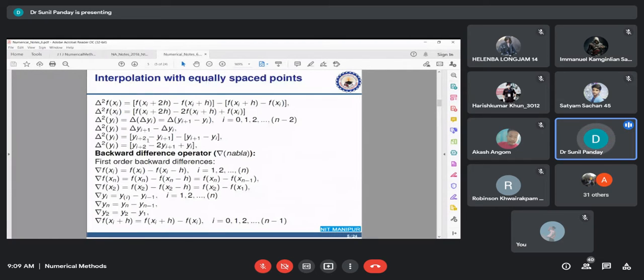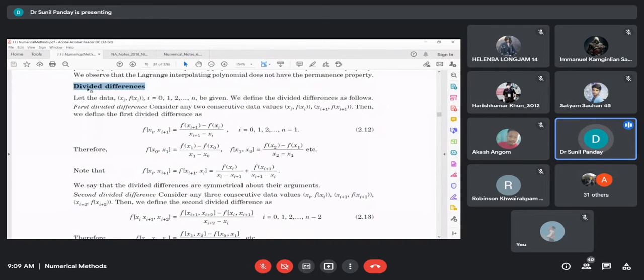For equally spaced data, we have the delta operator, nabla operator, average operator, central difference operator, and shift operator. For unequally spaced data, we have the divided difference operator, and this is the definition of divided difference, and this is the notation to represent it, or you can use this other notation.